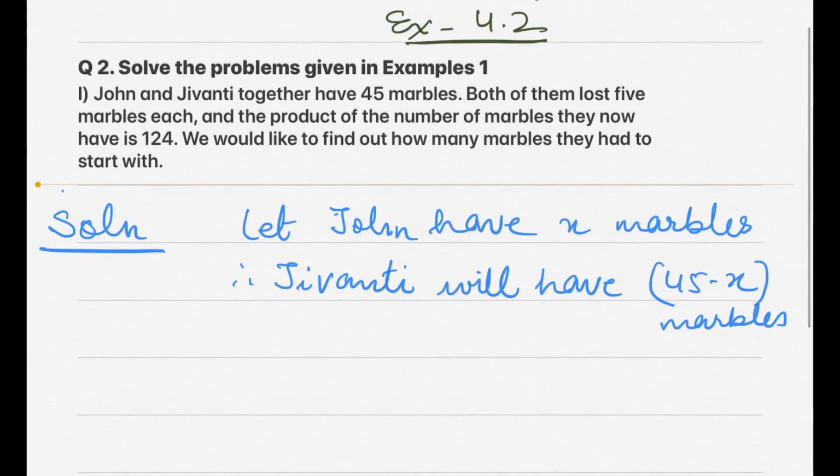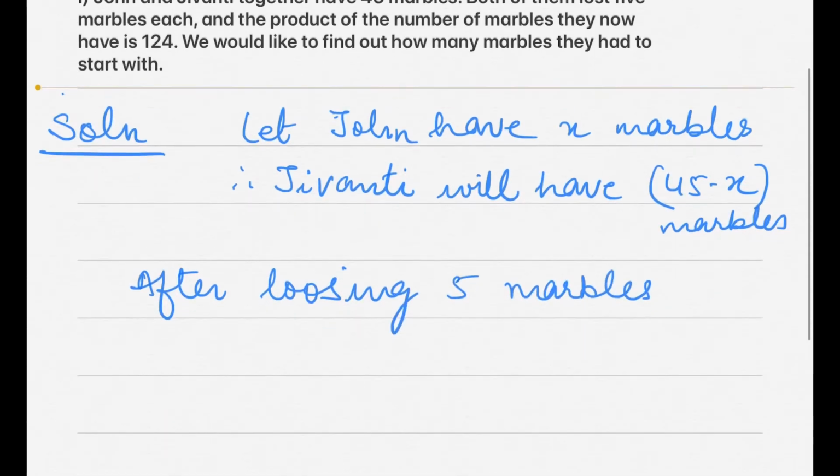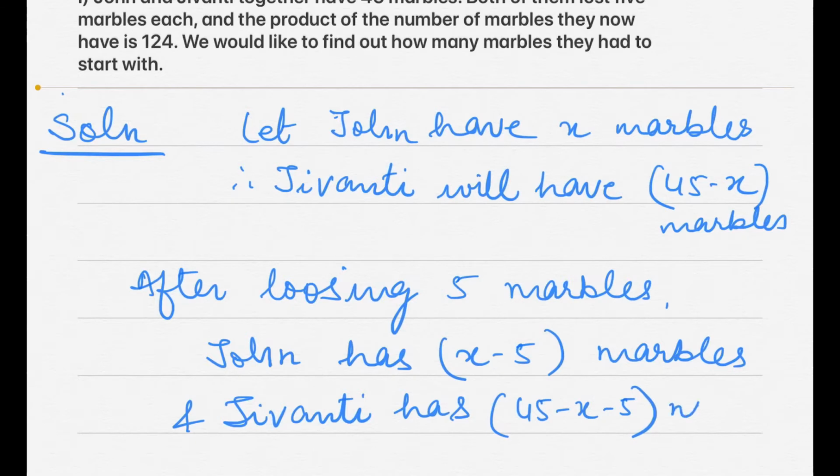Now both of them have lost 5 marbles each, right? So now after losing 5 marbles, John has X minus 5 marbles, and Jeevanti has 45 minus X minus 5 now.